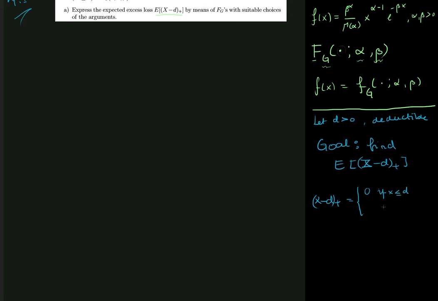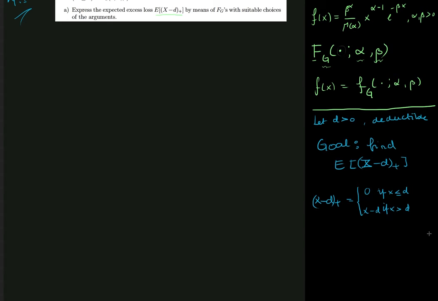And if x is greater than d, then this is equal to x minus d. So it's kind of like the positive part of x minus d. Normally, if we, for example, have g of x plus, then what we mean is if g of x looks like this, then g of x plus looks like this. So it's just the positive part of the function.